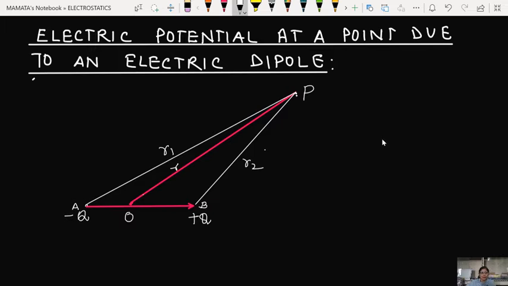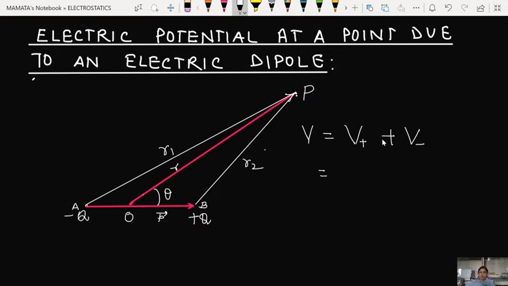First of all, we take an angle theta, which is made by the position vector with the dipole moment. And what is the formula for the electric potential at point P? That is equal to the potential due to the plus charge plus the potential due to the minus charge.